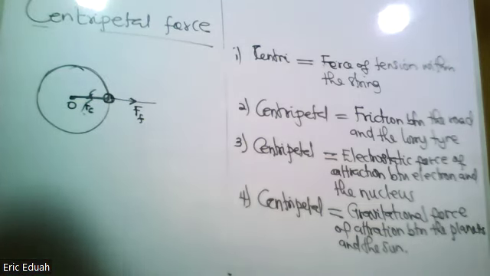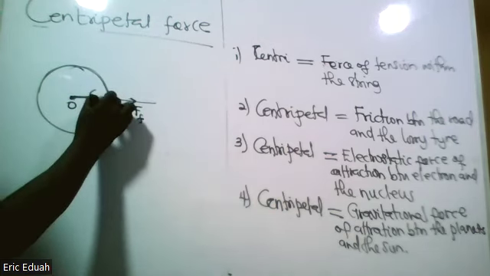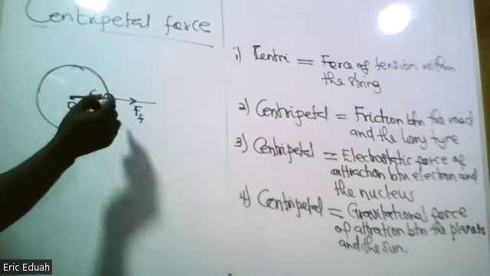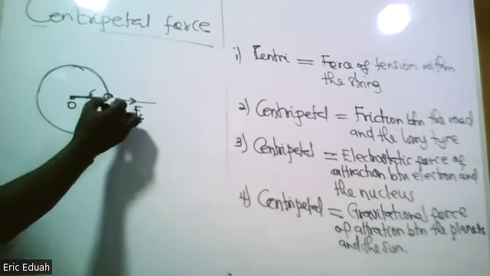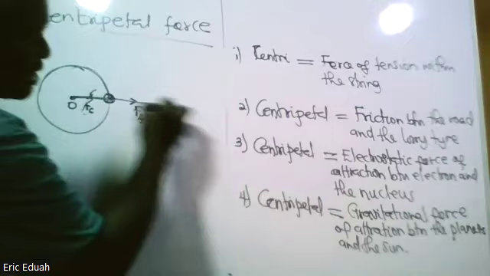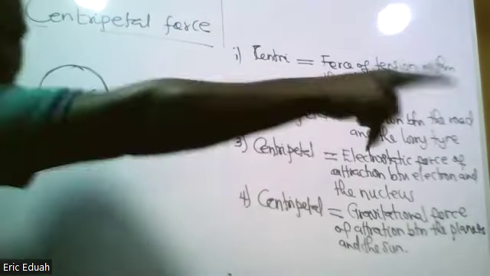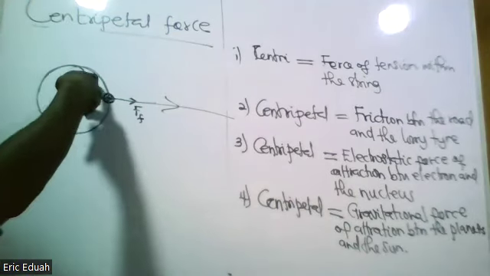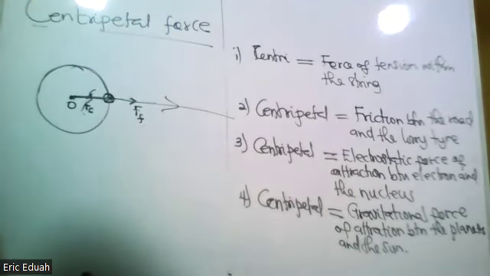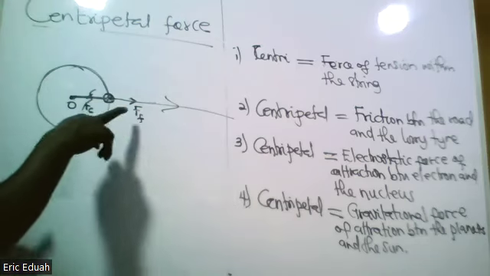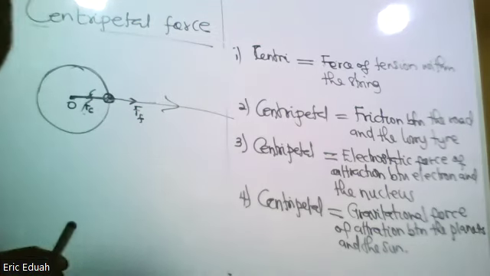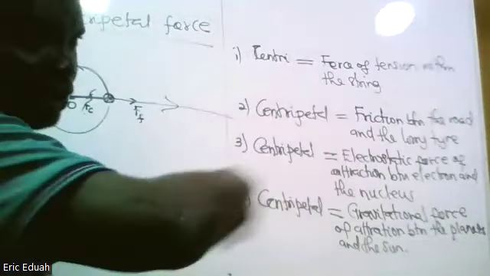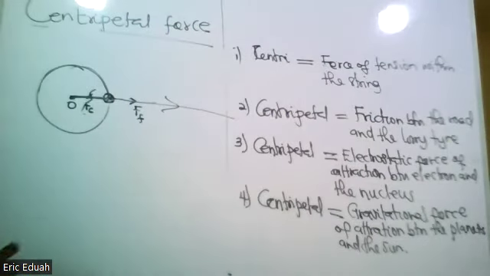If the centripetal force is not there, then we expect centrifugal force to take over. So the moment the string is cut, this object is expected to be thrown in this direction, because cutting the string eliminates the centripetal force and we expect the centrifugal force to take over. And so the object is expected to be thrown away horizontally. But it doesn't happen that way.